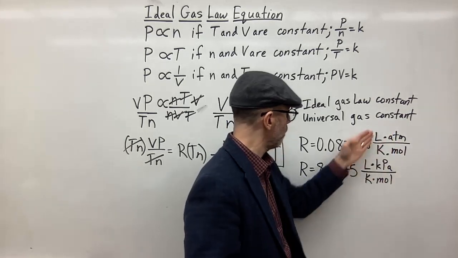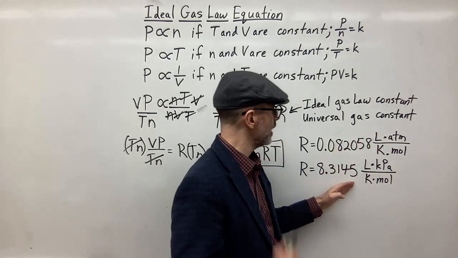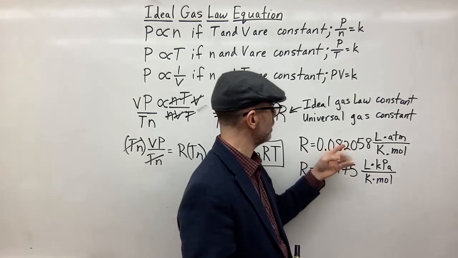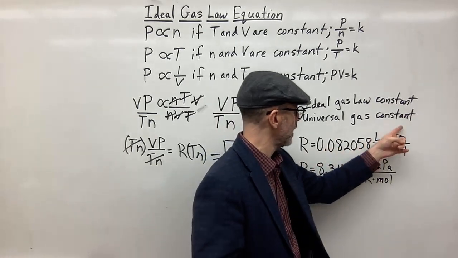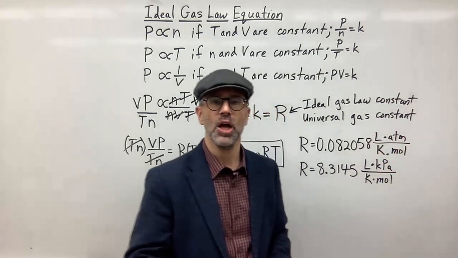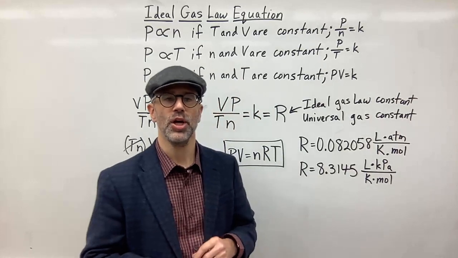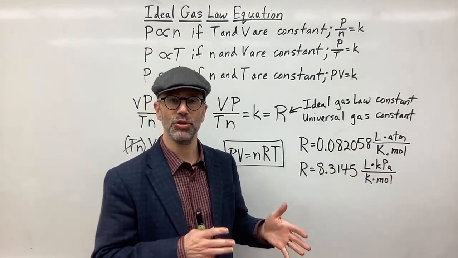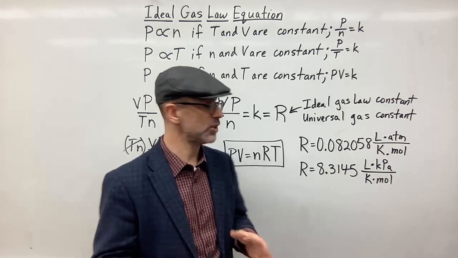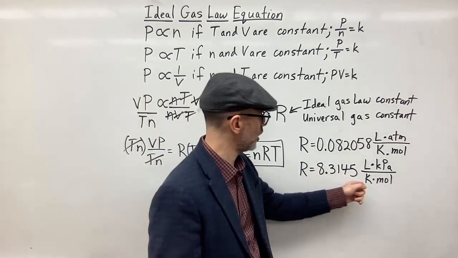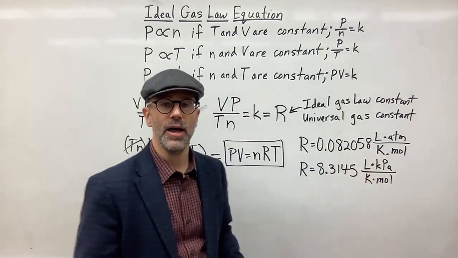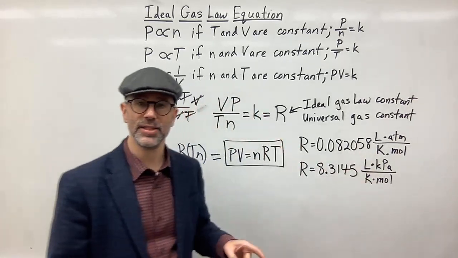It's the same constant, but the value is different because here I'm using atmospheres, here I'm using kilopascals. Which one you use will depend on what units you are given, and those need to cancel out. So you need to make sure that you use the right value of R that has the units that are going to cancel out.